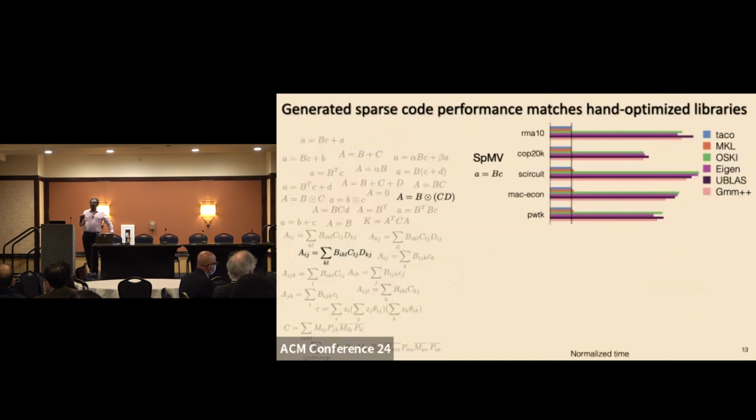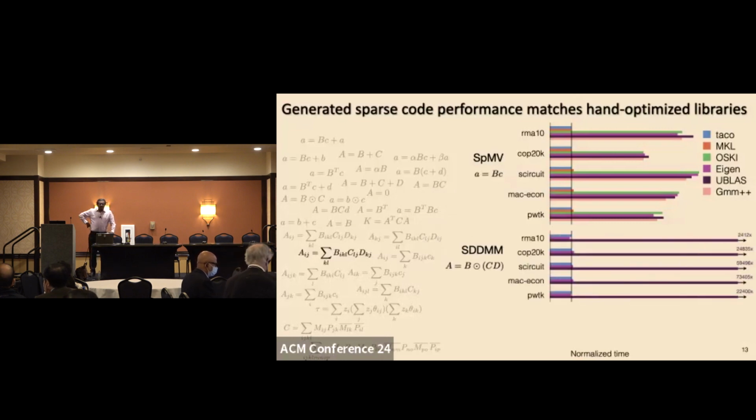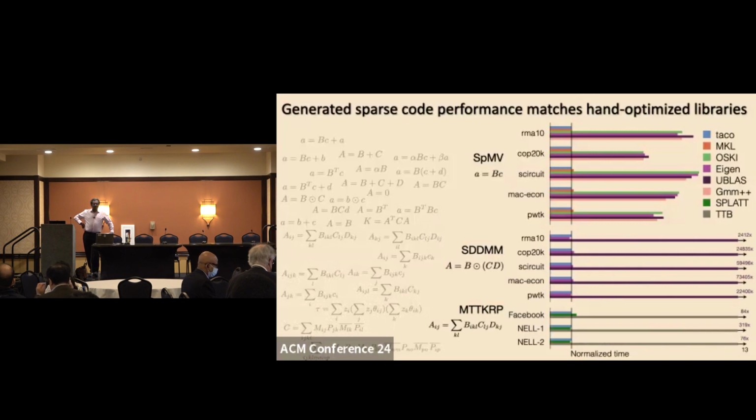Taco is comparable with Intel MKL, a project where Intel has put in a lot of resources, hundreds of engineers, optimizing these library codes, and we are generating code very similar to that. For SDDMM, we also get the best performance compared to Eigen, the closest performing code in here. And for MTTKRP, the best performing code is a different library, and we are getting good performance.